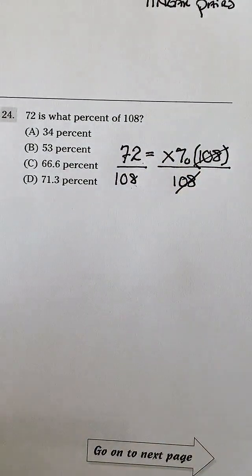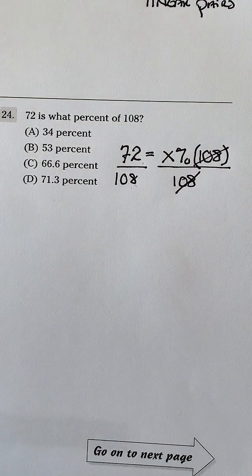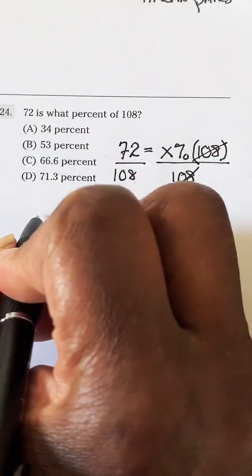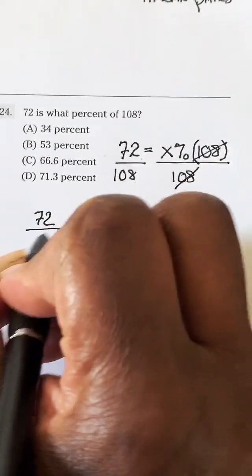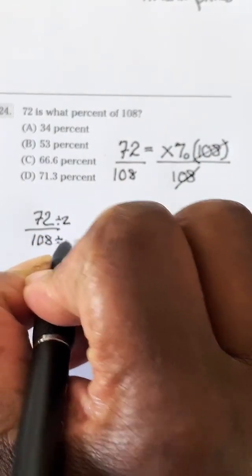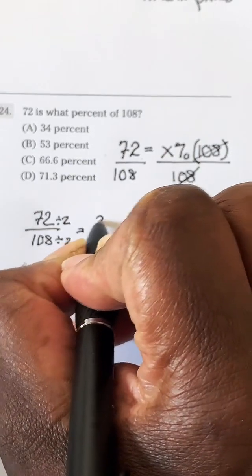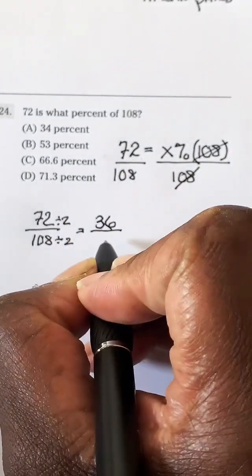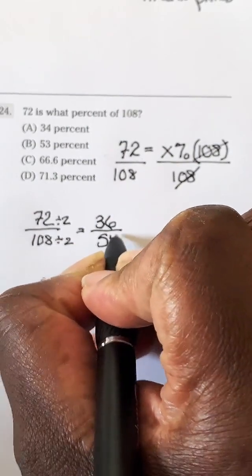But no matter what, you're going to have to multiply by 100 because we are looking for the percentage. If I divide by 2, I get 36 over 54.